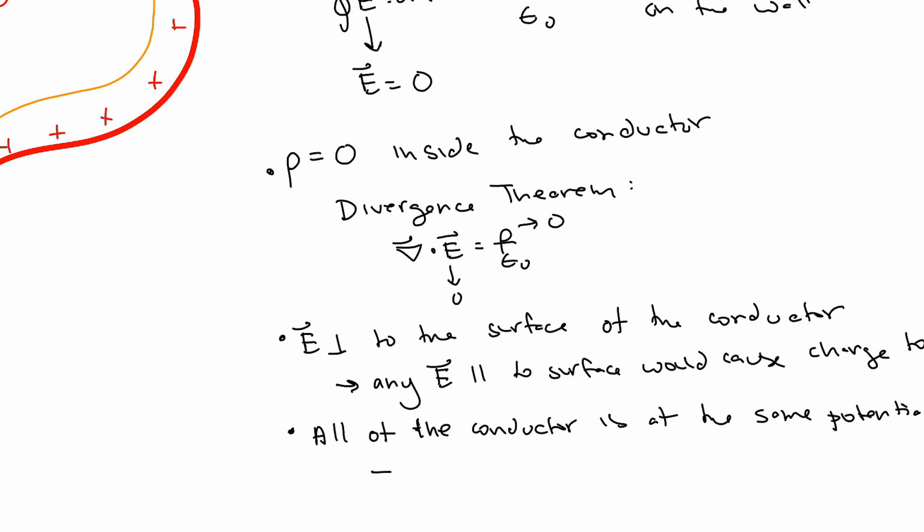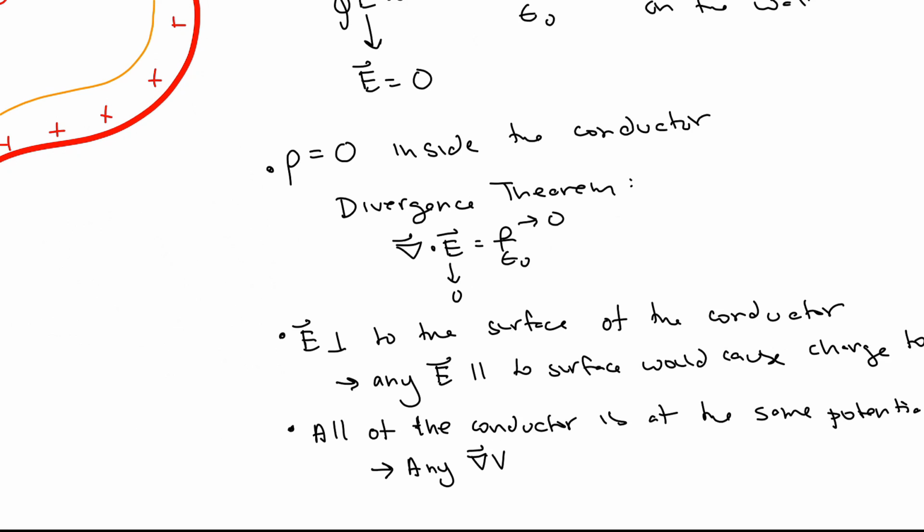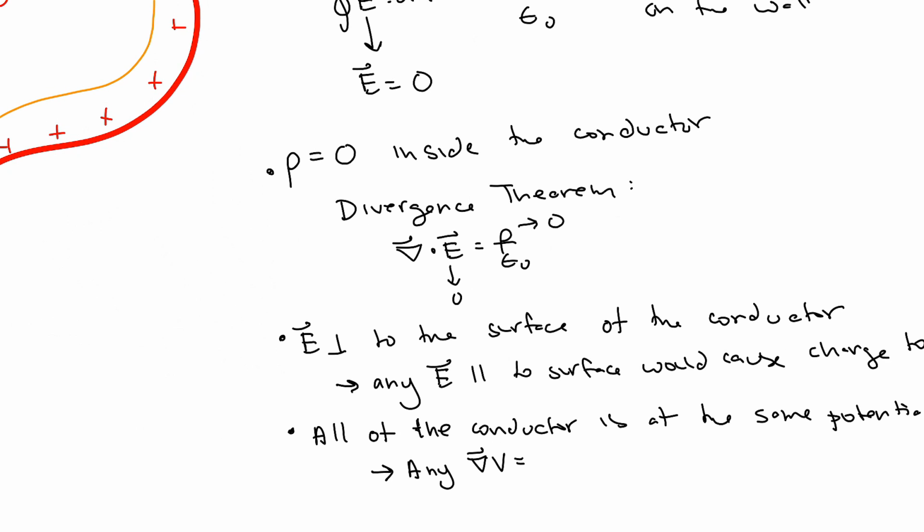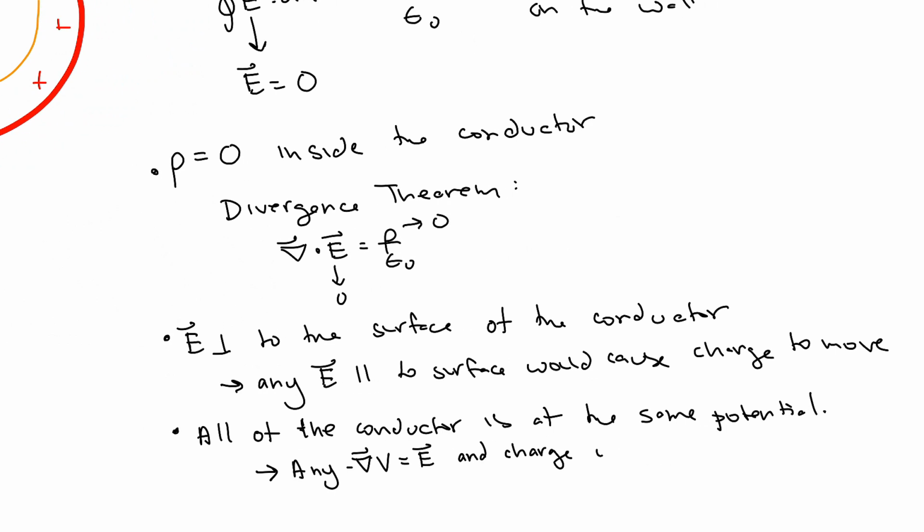Well, again, if it wasn't at the same potential, if there was a gradient in potential, that would tell me that there was an electric field, right? The negative of the gradient is equal to the electric field, and charge would move in response to that electric field.